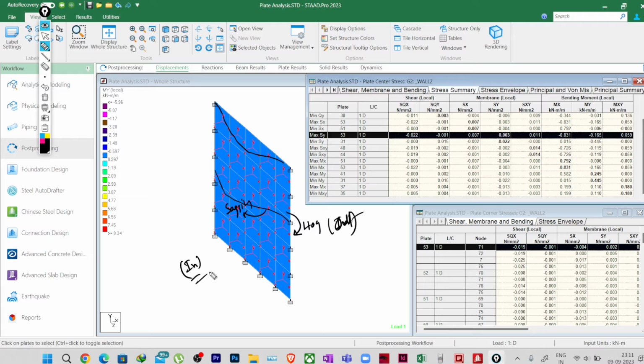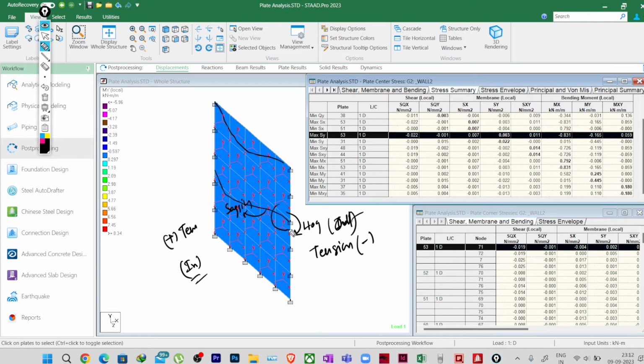Now in this case, this sagging value, or inner face bending, will be positive value because this face is in tension, and here also it is under tension at the edges, and it will be under negative value.